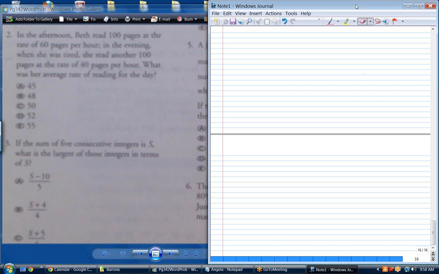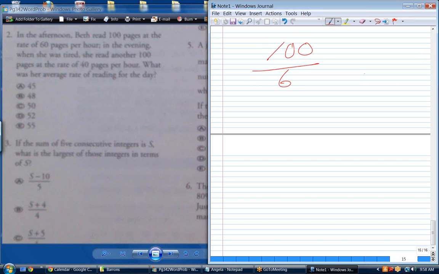So how many hours did she read in the afternoon? She reads 100 pages at 60 pages per hour. How many hours is that? That's 60 pages in an hour. 100 divided by 60, correct? Correct.